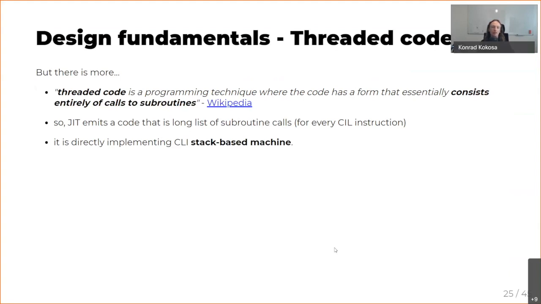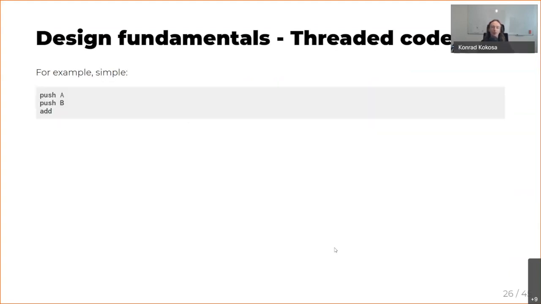So without too many words, let me show you an example. Imagine that you have code in C# that adds two numbers. In C#, you will obviously write A plus B, and that's all. Then it will be compiled to IL code that looks like this.